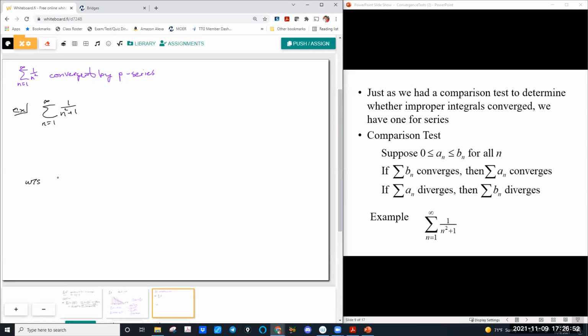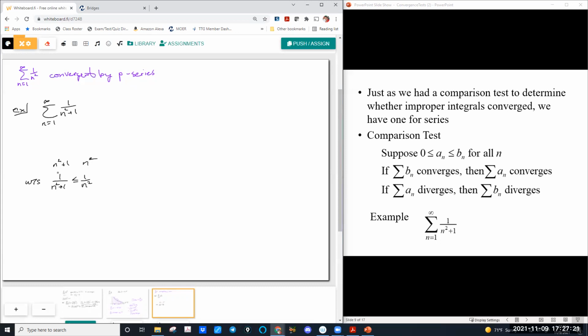Remember we start at the bottom with these comparison tests. We want to show that 1 over n squared plus 1 is less than or equal to 1 over n squared. All right, we want to show a sub n is less than or equal to b sub n, because if b sub n converges, then a sub n converges. And then we work backwards. Let's flip them both: n squared plus 1 versus n squared.